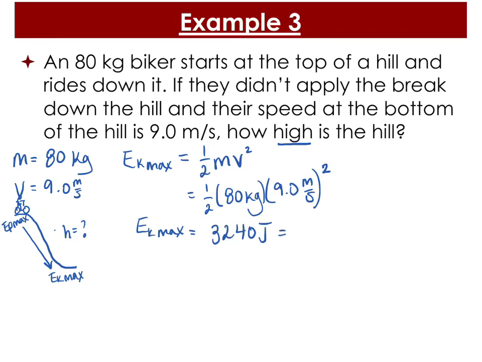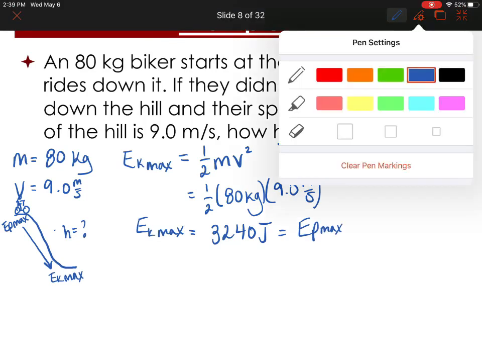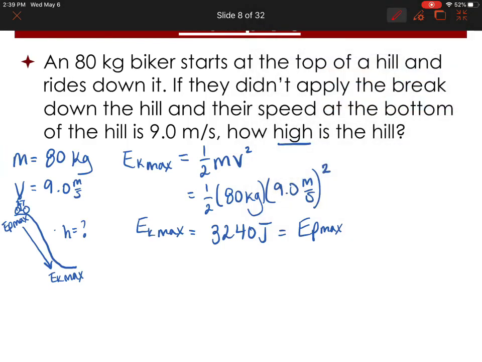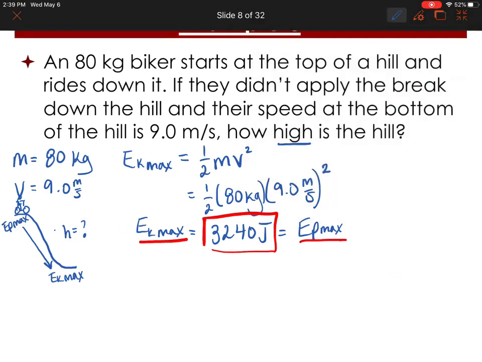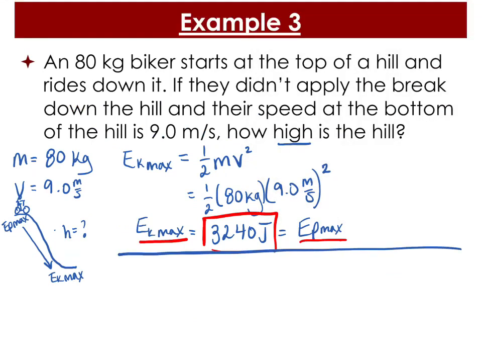But what else do we know? We know that's also equal to our maximum potential energy. Okay, so now we can go over to the potential energy formula because we know that maximum potential energy is equal to maximum kinetic energy, which here is 3,240. Okay, so let's do that. So my potential energy now, I know is equal to mass times gravitational acceleration times height.